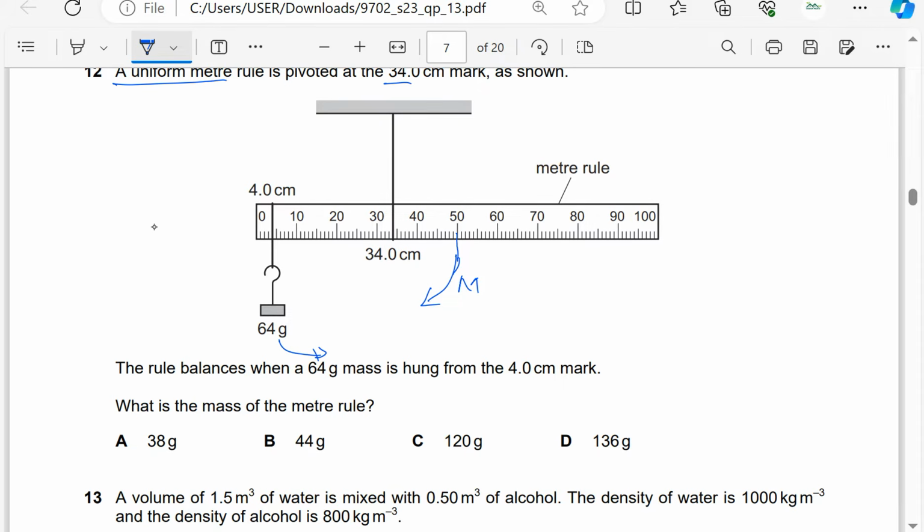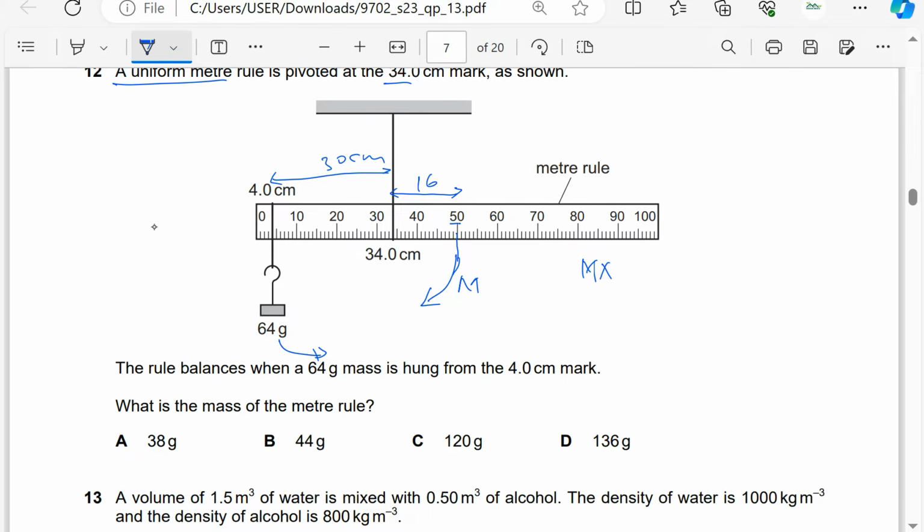So for equilibrium, the two moments are going to be equal. So I'll say M times the perpendicular distance. This is 50 minus 34, I think this is 16. And then this is 34 minus 4, which I think is 30.